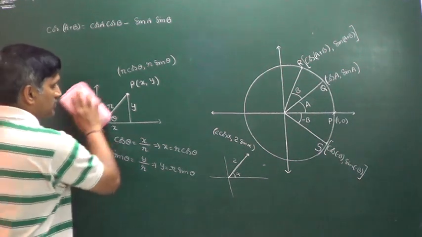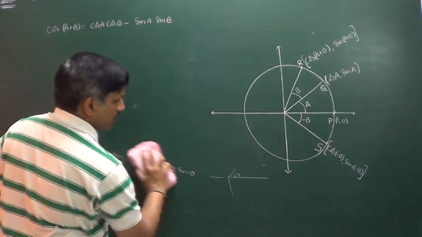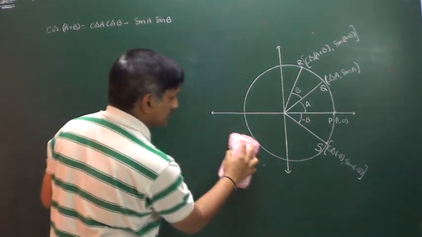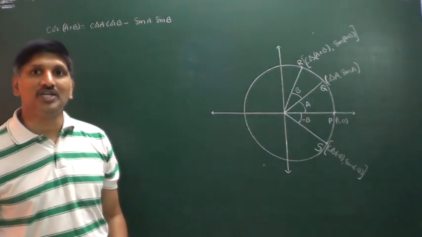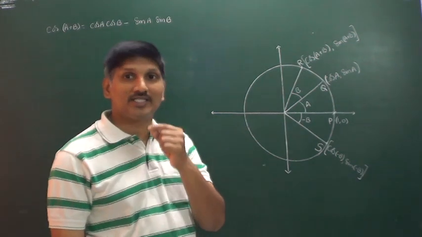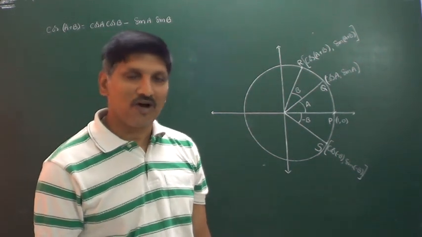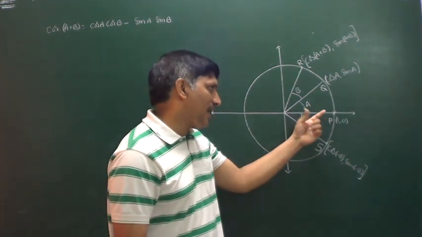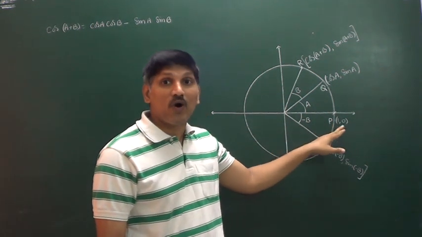All of you pay attention here. Now you are observing a circle here, that is a unit circle. Unit circle means the circle's radius is 1 unit. That is the reason I wrote a point here, P (1, 0).